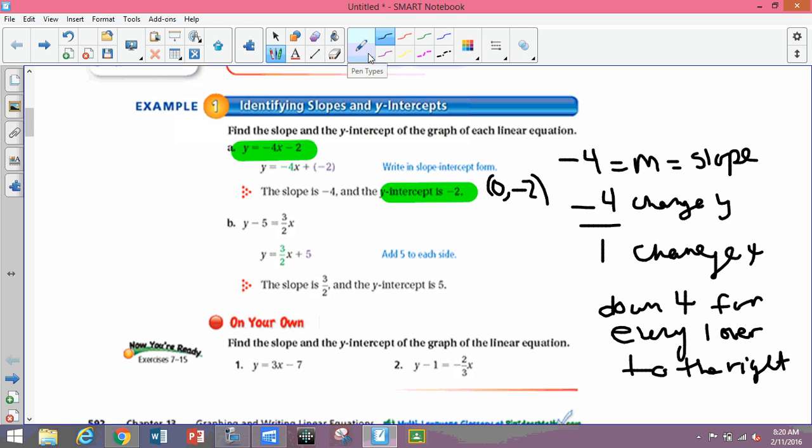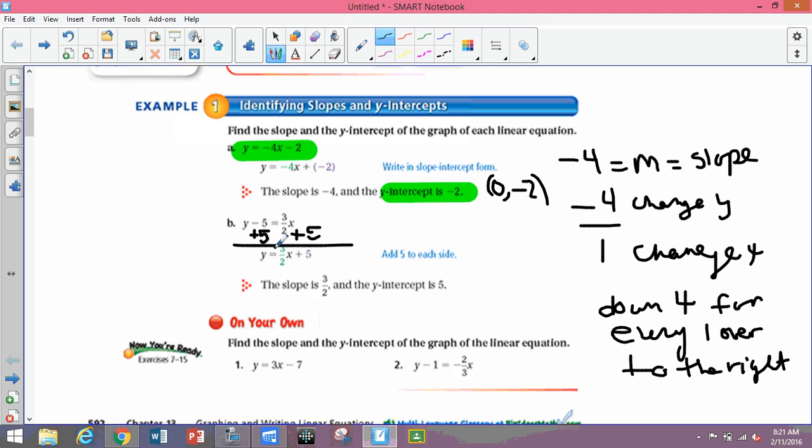So if you look at this other example, you have y minus 5 equals 3/2 x. Now, this is not in y-intercept form. So like we did yesterday, you would put this in y-intercept form by just adding 5 to both sides of this equation. Then you get y equals 3/2 x plus 5.